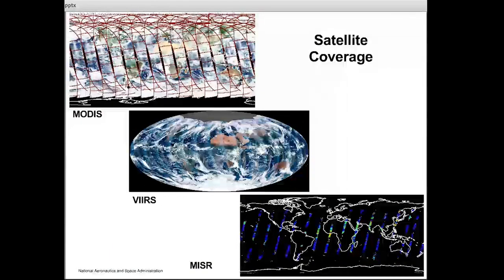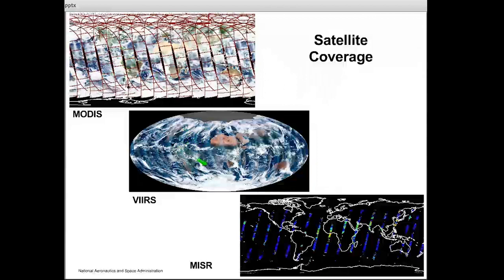Here is an example of the 3 sensors we just talked about in the previous slide. The top is the 1 day coverage of MODIS, and this black area shows the gaps in the data due to the orbit gaps.